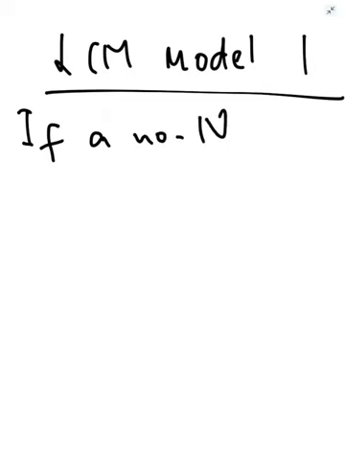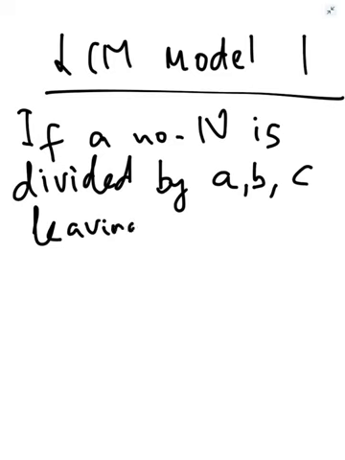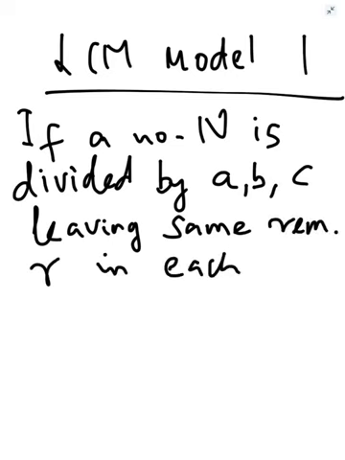If a number n is divided by different divisors, say a, b, c and so on, leaving same remainder r in each case. This is important. The remainder has to be same or constant remainder. So number n is divided by different divisors a, b, c, leaving same remainder r in each case.